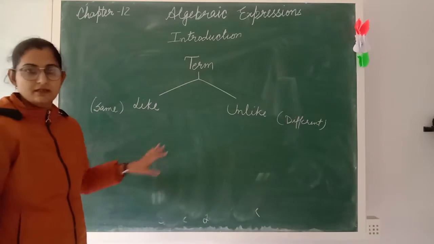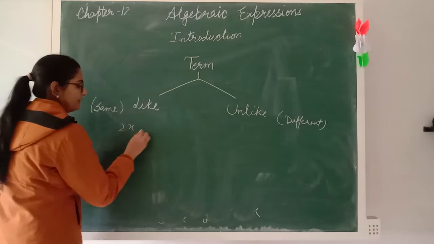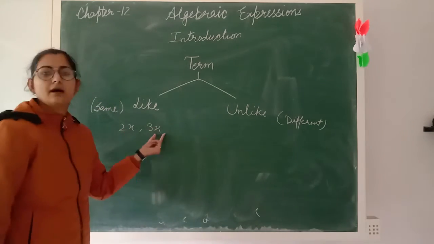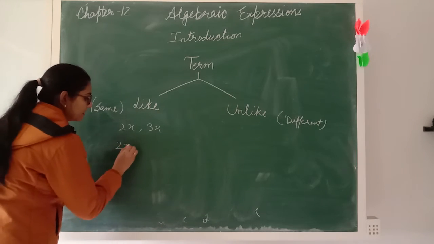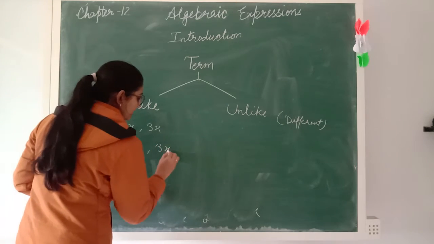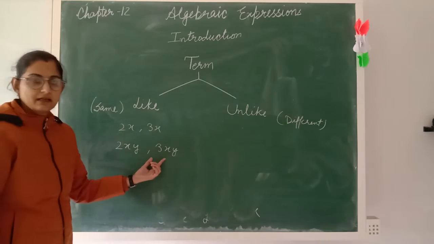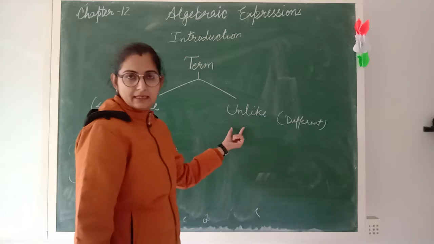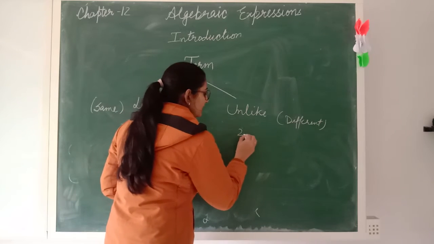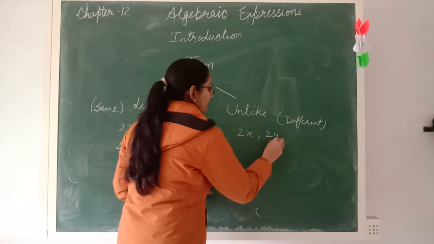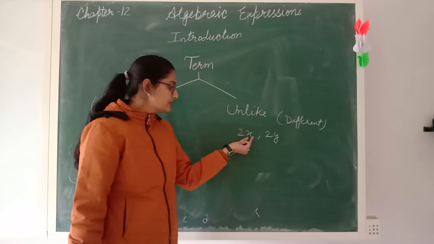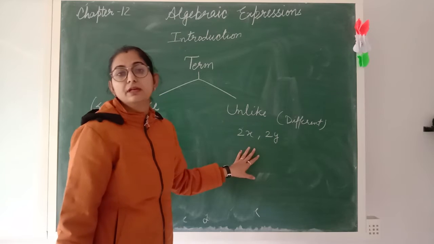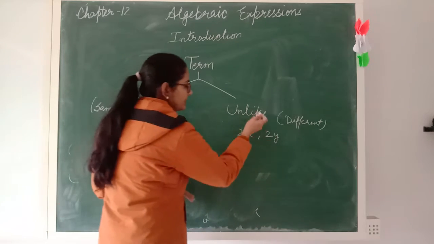When terms are alike, like 2x and 3x, both are like terms, the same, here also x and here also x. If I write xy and 3xy, these two terms are like terms because here also xy and here also xy. But if we talk about unlike, if I write 2x and 2y, both are unlike, both are different. This is x and this is y. So both are different, these are not the same, so we can say these are unlike terms.